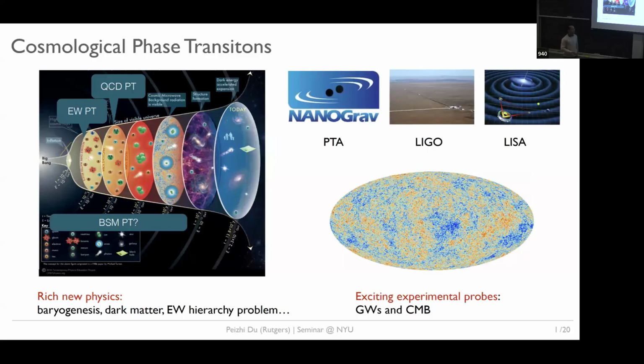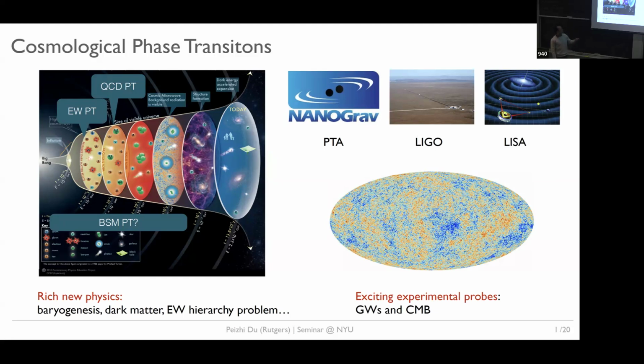Second, observationally, it is very exciting because a lot of experiments have been built or will be built probing the signals from cosmological phase transitions. The first type of signal, very famous and which people have heard about, is gravitational waves.